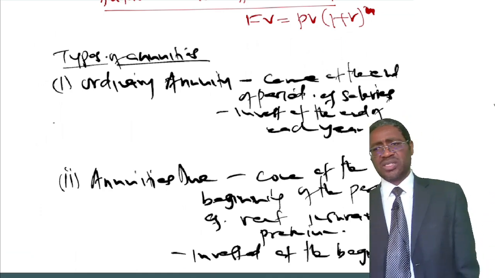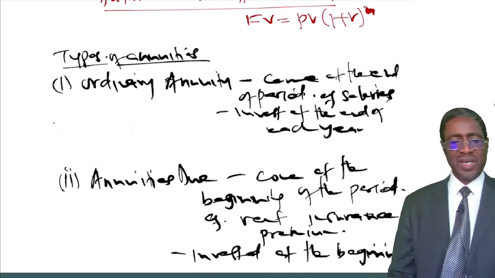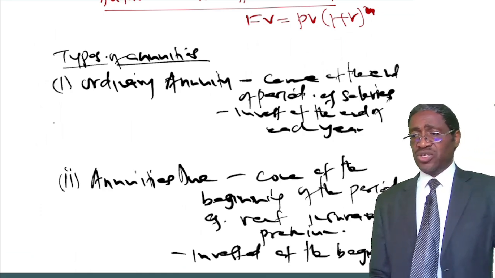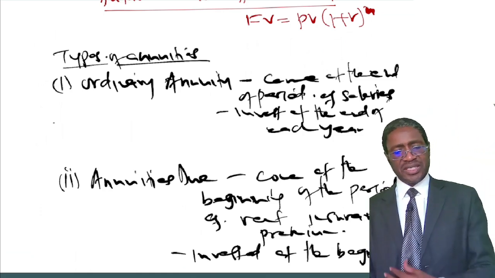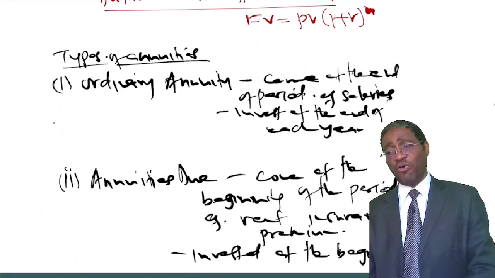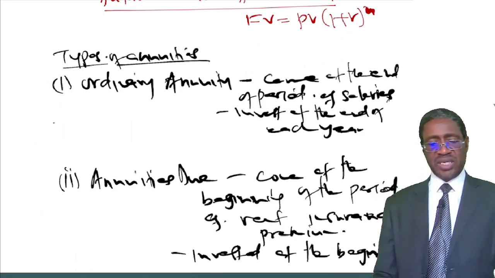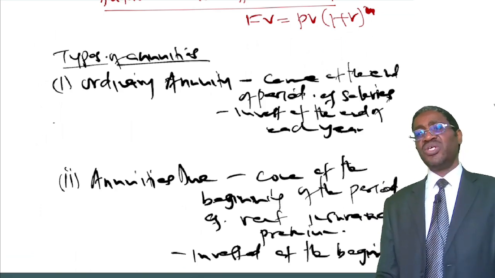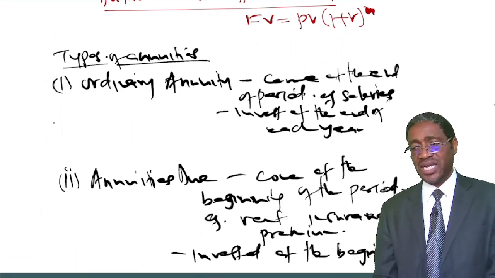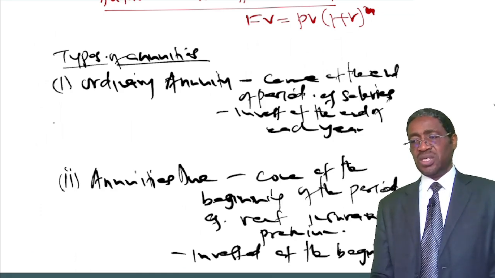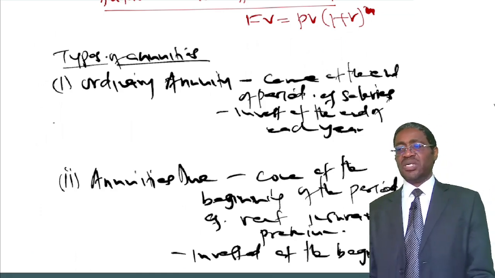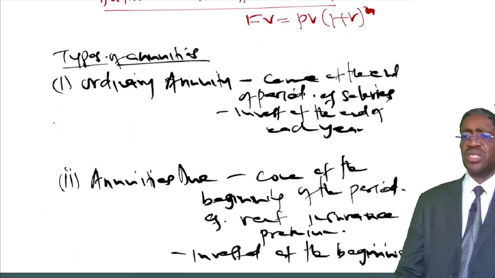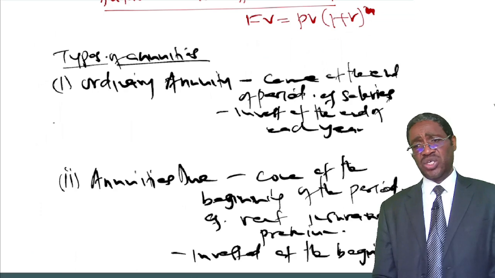Then you say this, these are annuities that come at the end of the period. E.g., salaries.